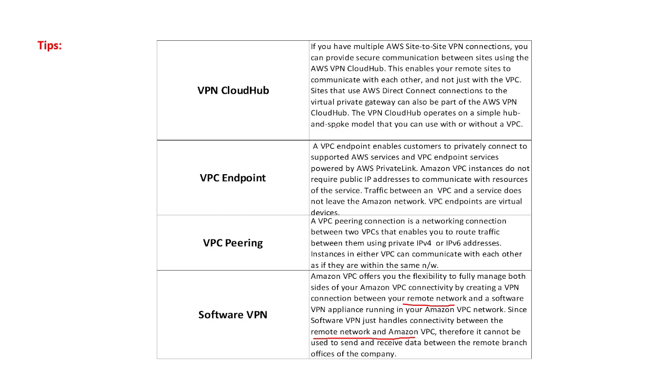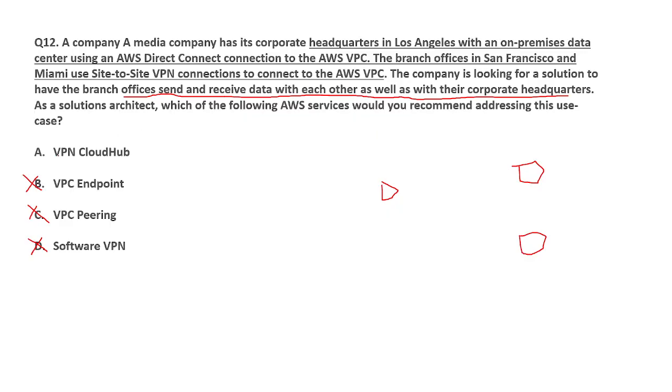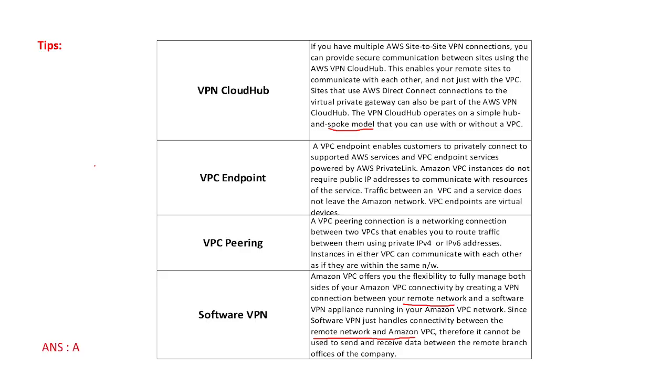This looks like a more positive answer than the others, because VPC endpoint, VPC peering, and software VPN don't help complete our requirement. So we have only CloudHub. Let's reveal the answer. Okay, the answer is A, VPN CloudHub.